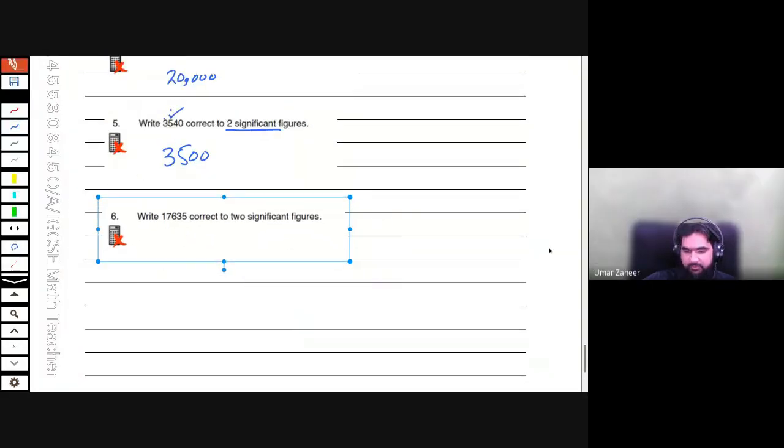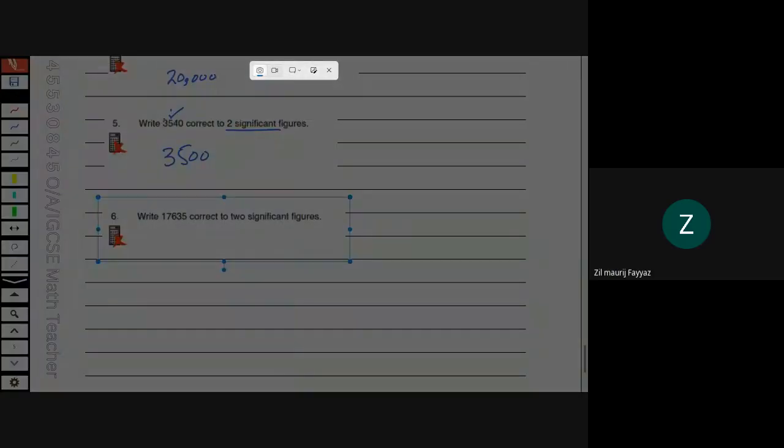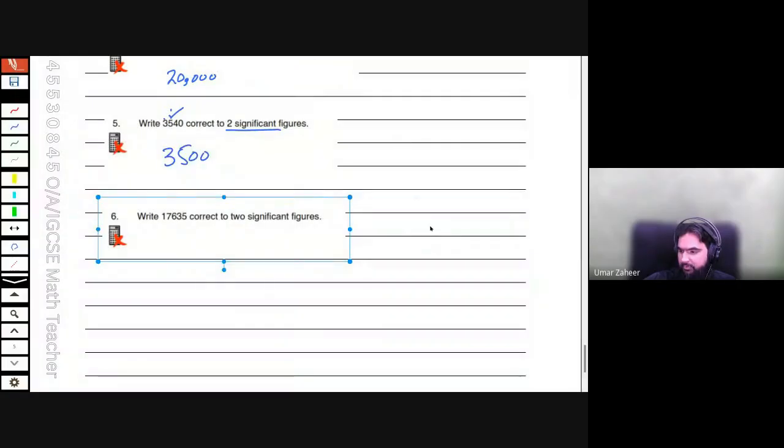All right, yes, Zil, you have to tell me about the next one. 17,000. It would be 270, so you have to round off 7. You need to look for the next value, whether it is a 5 or less than 5. Oh, it's going to be 18,000. Yes, it would be.